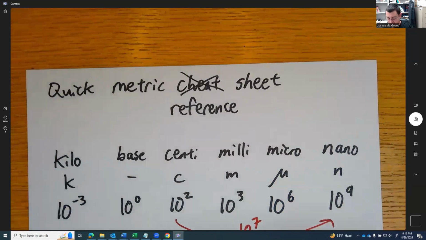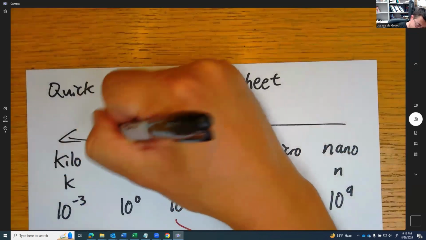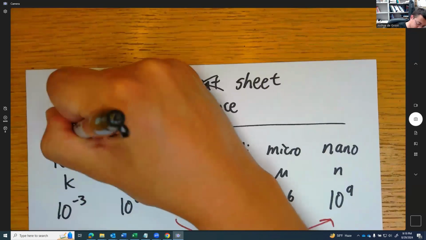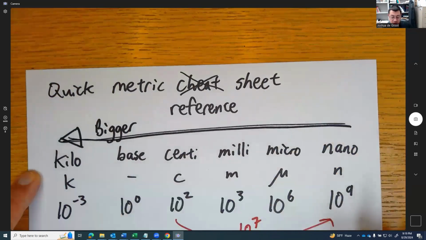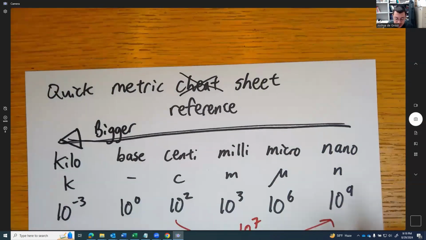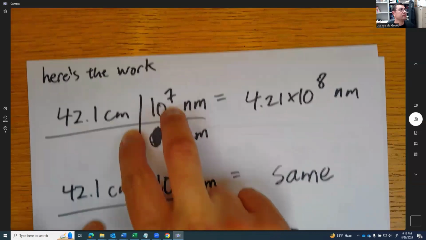And if you remember that things are going bigger that way, that's an arrow. I know I'm not going to win too many awards with my handwriting, but things are going bigger that way, then you would know to give the 10 to the 7th to your smaller thing, the nano. And then from there, you have your conversion factor between them, and then you would end up with an identical setup to that one.